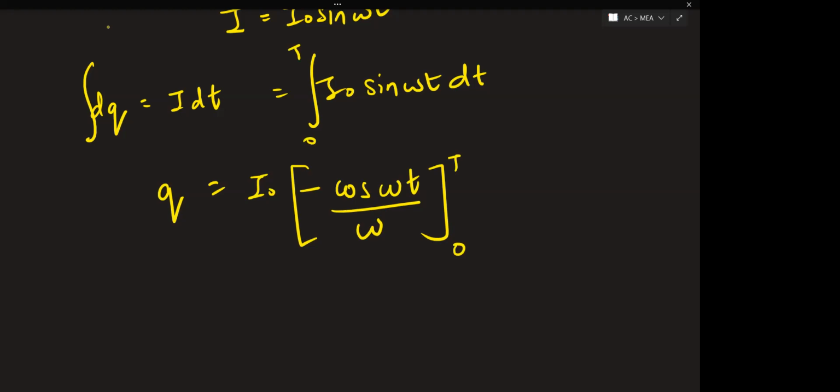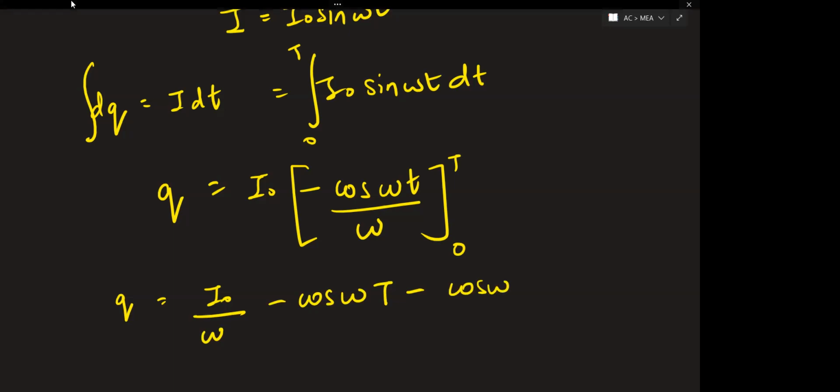All right. Now we just have to find this. q will be equal to what? See class, this is I₀ by ω, this is minus cos ωt, minus cos ωT minus cos 0. For the lower limit I'll directly write 0, this is 0 degree, that is cos 0.